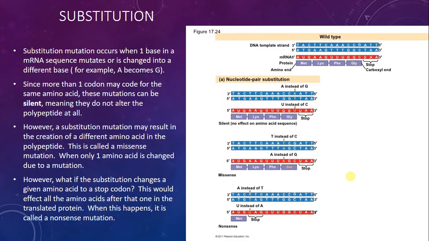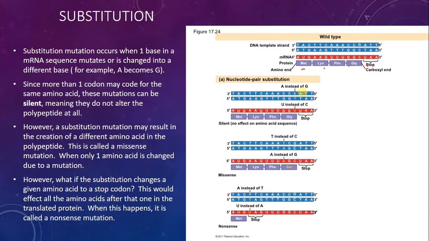Since more than one codon may code for the same amino acid, these can be silent, meaning they don't alter the phenotype at all. So, for example, this is our normal DNA template, our normal mRNA template, and our normal amino acid sequence.